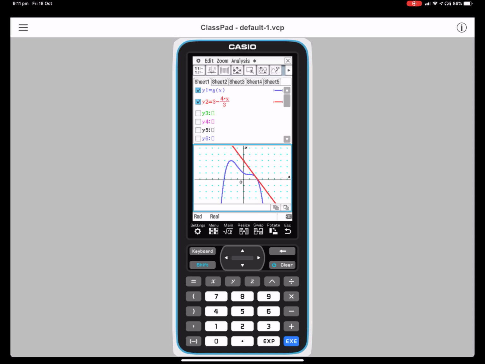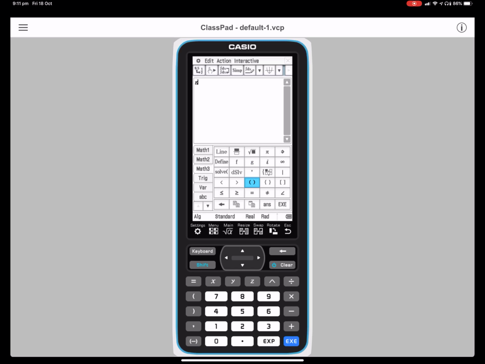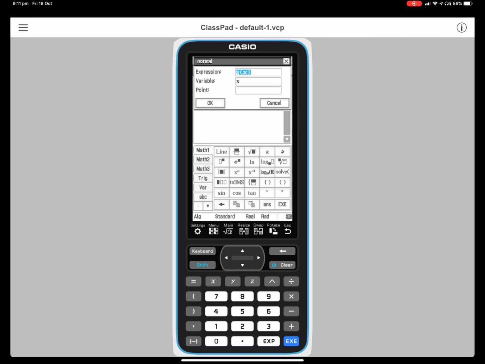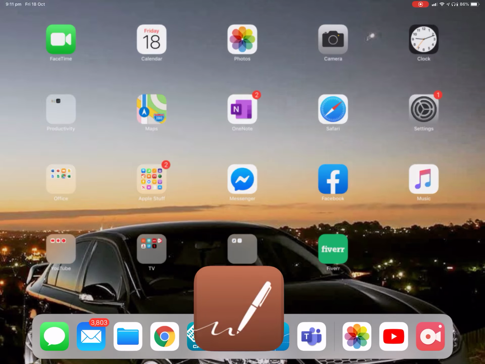Okay, so we want to find the equation to the tangent, the normal at the point 2. So normal at the point 2, hit xy, that's nasty. So we want to go g of x, find the equation to the normal, calculation line normal at the point 2, y equals 3x on 4 minus 7 on 6.